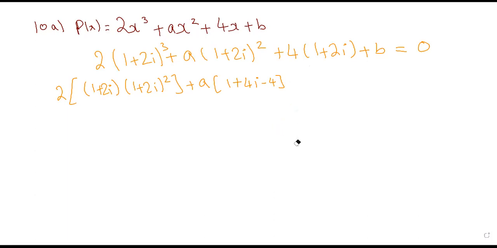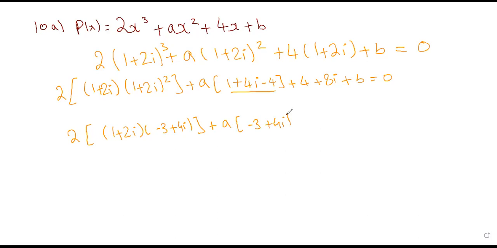Okay, and this would give you plus 4 plus 8 iota plus b equals 0, and then 2, and then we have 1 plus 2 iota. When I simplify this, I would get minus 3 plus 4 iota plus a into minus 3 plus 4 iota plus 4 plus 8 iota plus b equals 0.